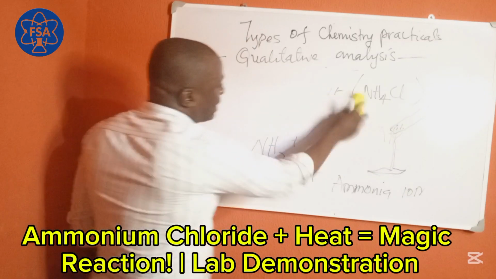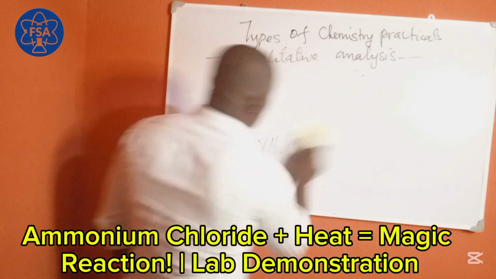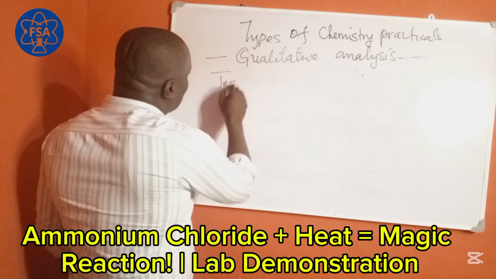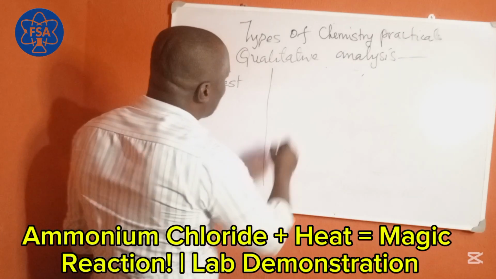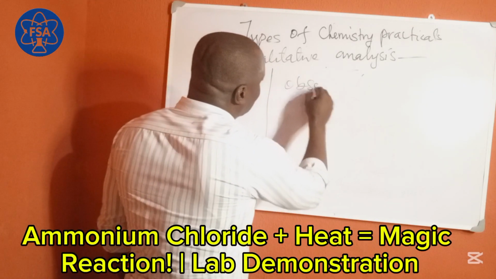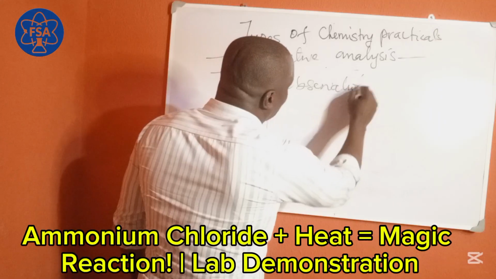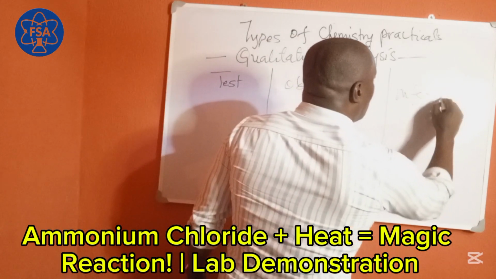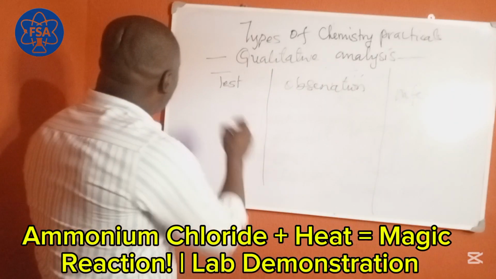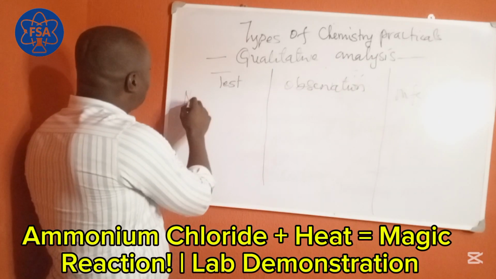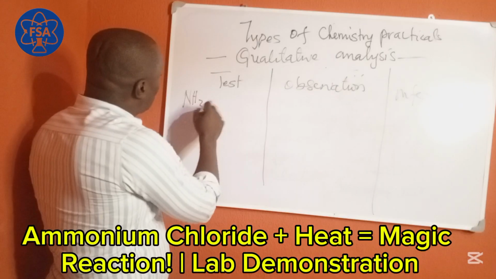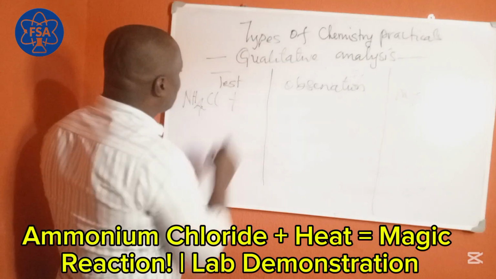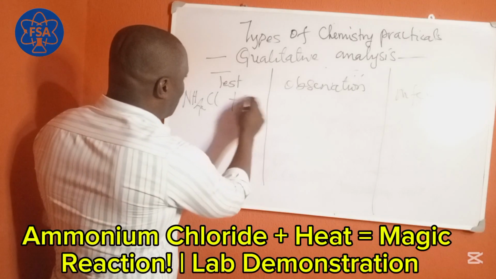We can now deduce that if, for example, you are in a classroom writing the exam, you write the test, your observation, and your inference. Ammonium chloride plus heat in a test tube.